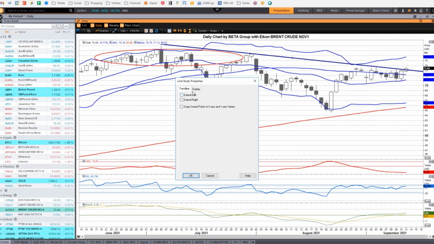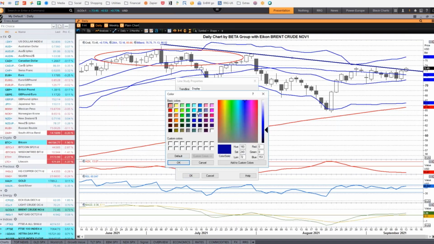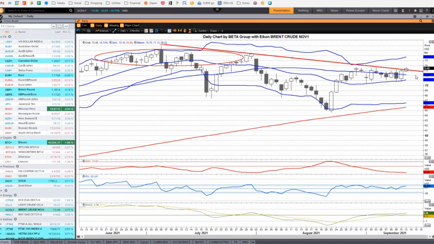This has potentially very big implications, because I'm making this red because I like my resistance lines to be red. We did this consolidation. It was very hard to call whether we were going to break up or down. We have got resistance to clear at this high here at 73.69, this high here at 76.38, and this high here at 77.84.